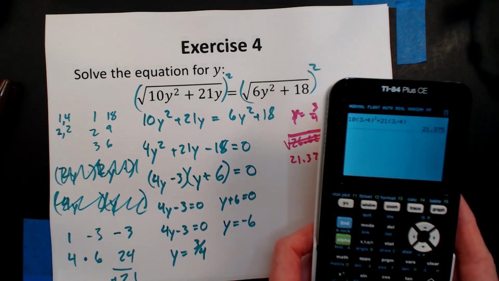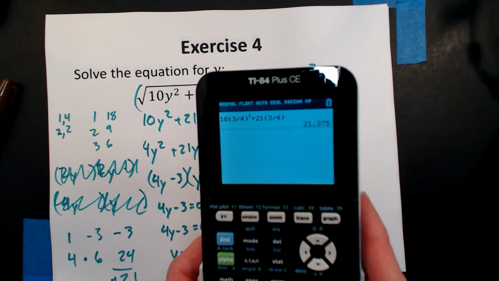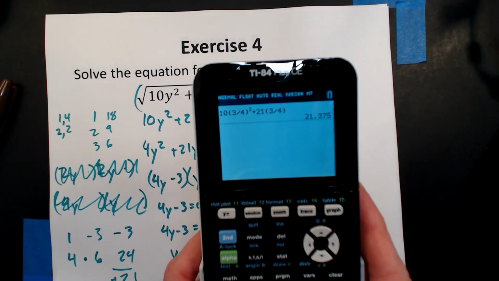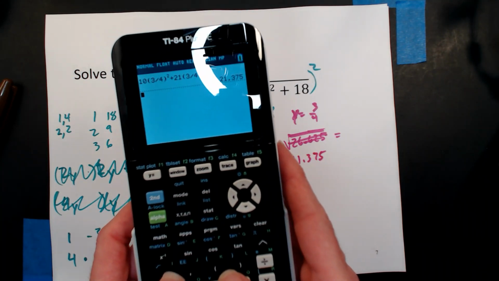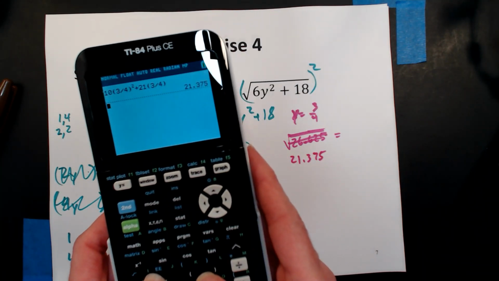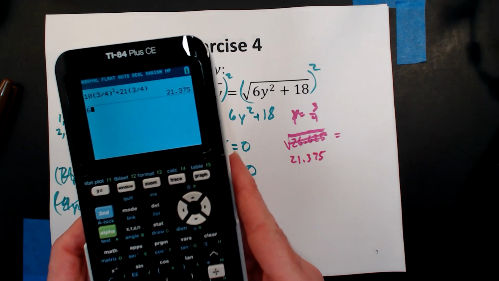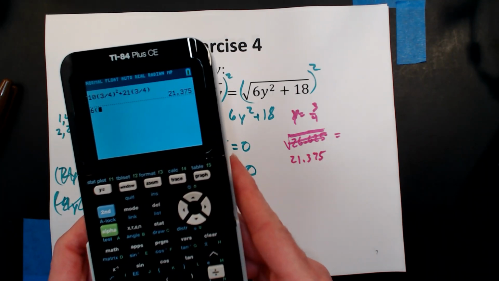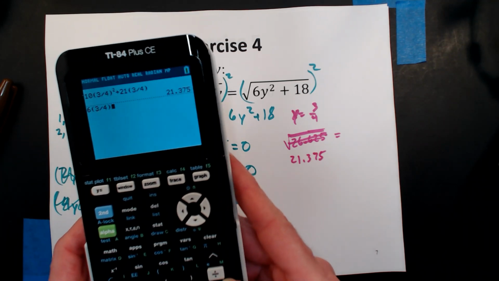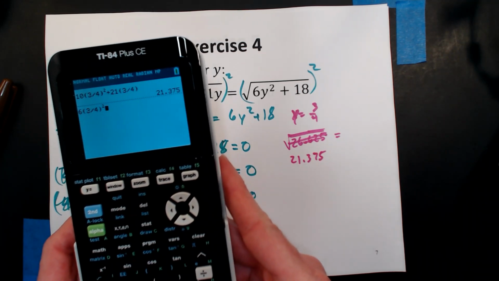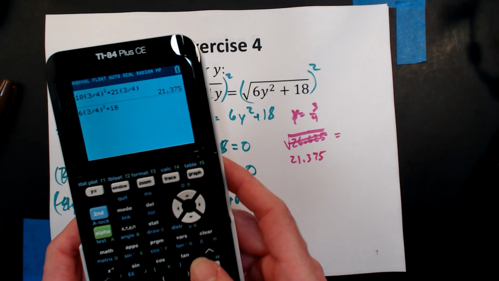And then we have the other one. Didn't check to see if you could see it first. And then we have, no, I have my reflection in it. We have 6 of these squared plus 18.